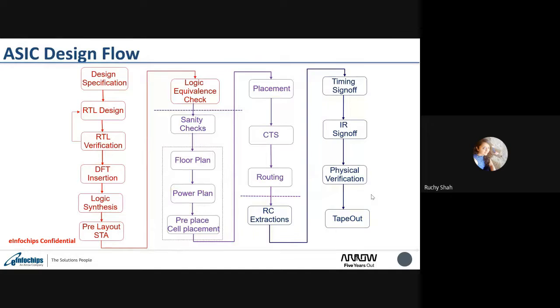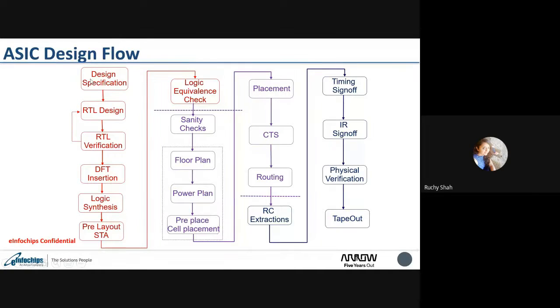Moving forward, here is the overall ASIC design flow. Whenever we think of developing any product, the first thing is to jot down what functionality we want. In layman's language, we write down what exactly we want from that chip, so we build a design specification.